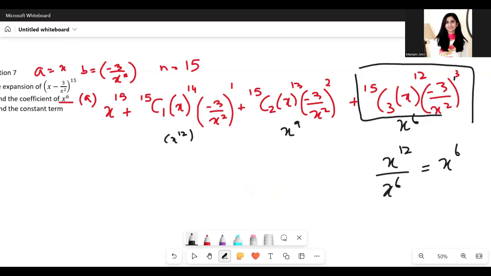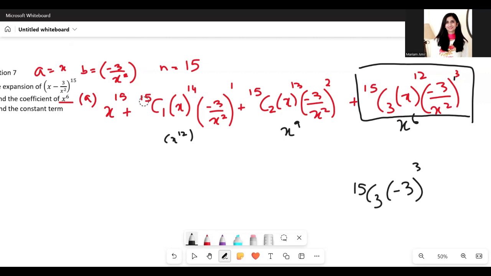But we had to find all the other terms before that because we did not know which term is going to give us x power 6 in the end. So write it separately and find its values, or just highlight it like I did. And now let's find the coefficients, 15C3 and minus 3 cubed. Enter that in the calculator: 15, shift division sign, 3, times bracket open minus 3 bracket close power 3.